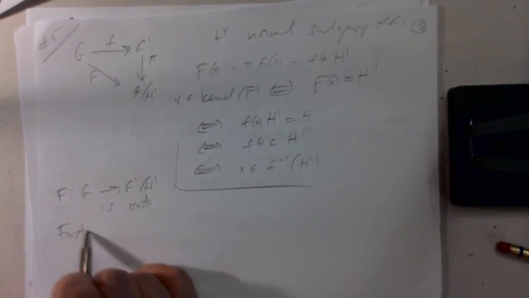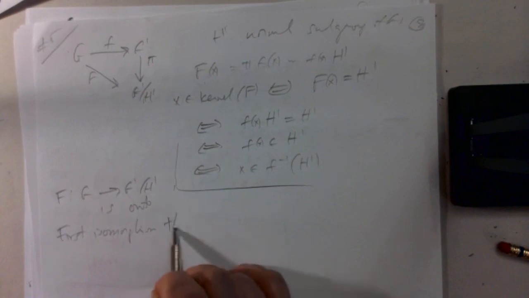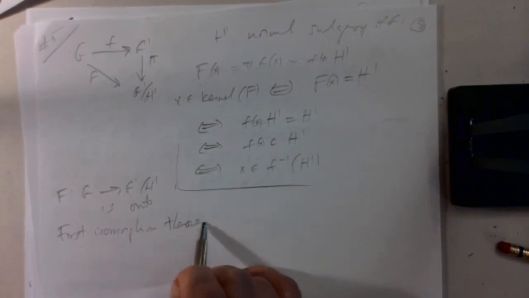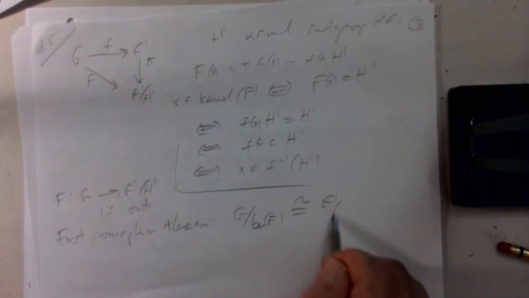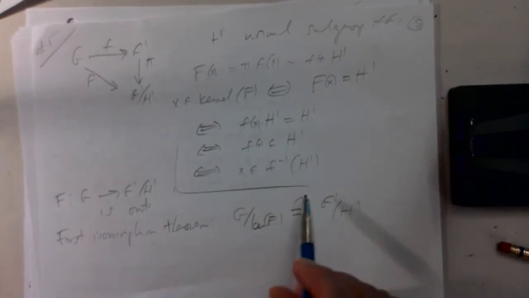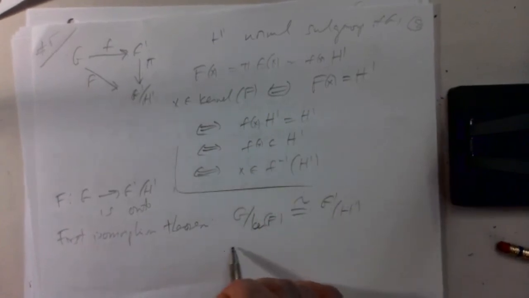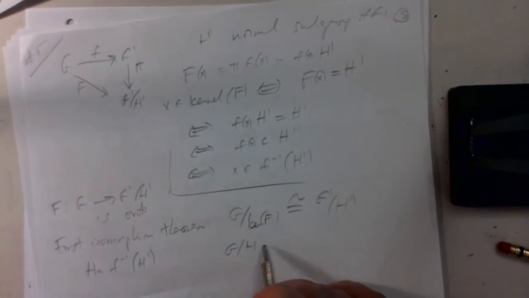So the first isomorphism theorem says that G modulo the kernel of F is isomorphic to G prime mod H prime. And we already proved the kernel of F is f inverse of H prime, or H. So H is what we called f inverse of H prime. So G mod H is isomorphic to G prime mod H prime.